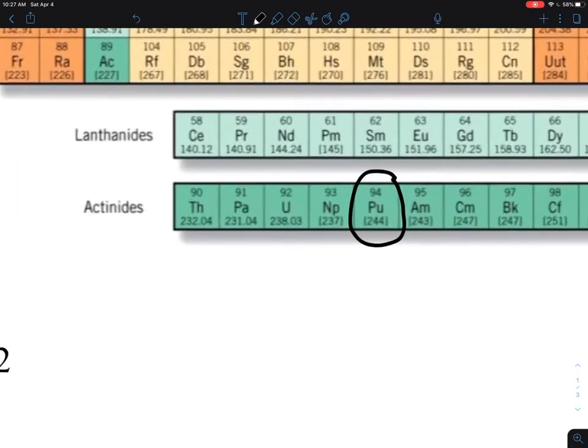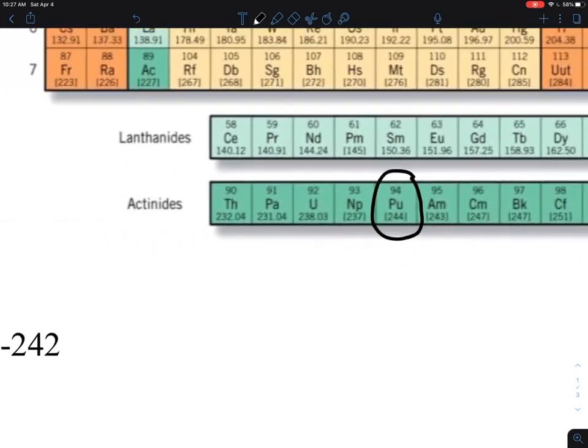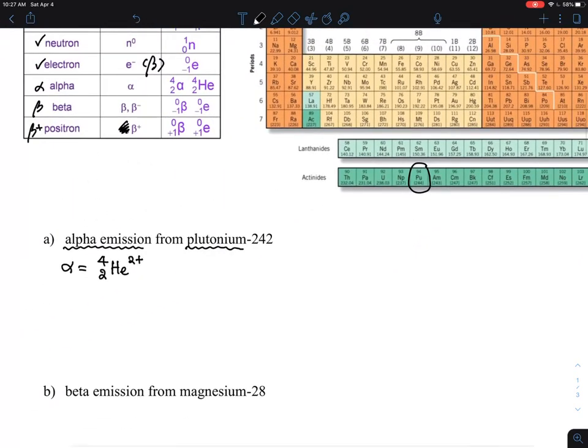What number do you see? 94. So plutonium has 94, so I will put the atomic number as 94. I will also use the notation P here. P is the number of protons that I would like to keep track of. And it says 245, which means the number of protons and neutrons is 242.